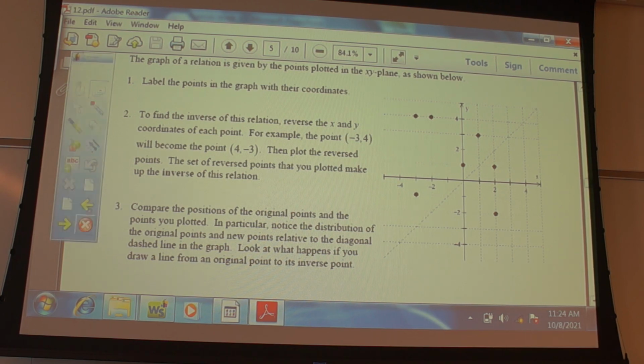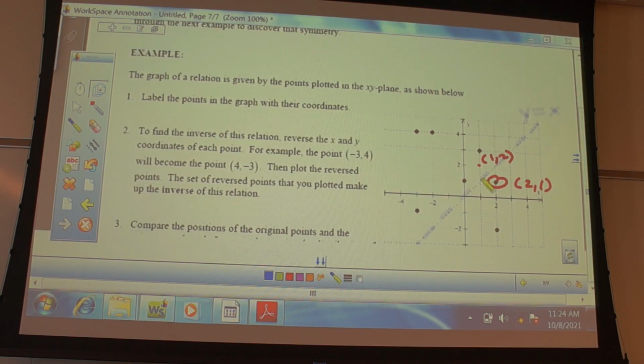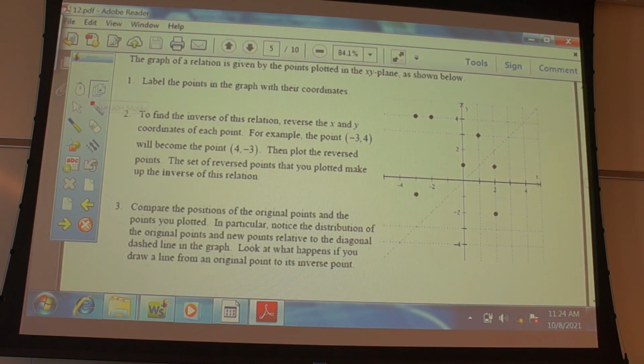And then what happens if you draw a line? When we draw lines, you're going to see they make these interesting little patterns that are reflected directly across this blue line here. It's very interesting. You'll see it when you do it.